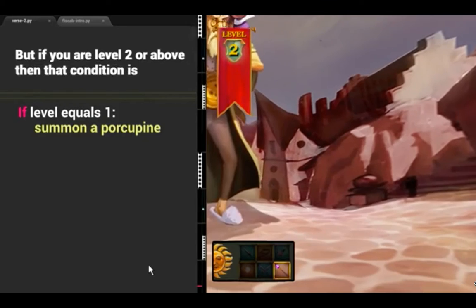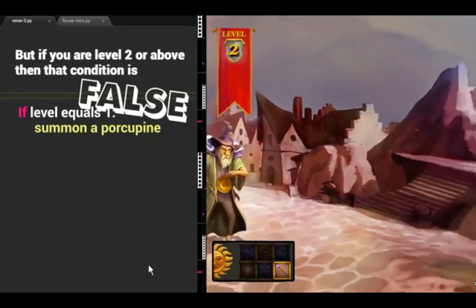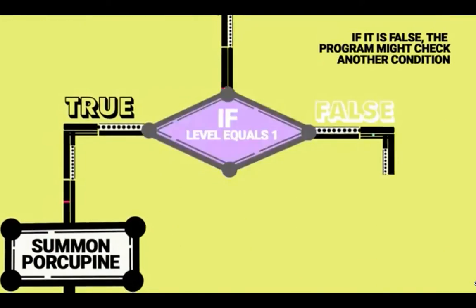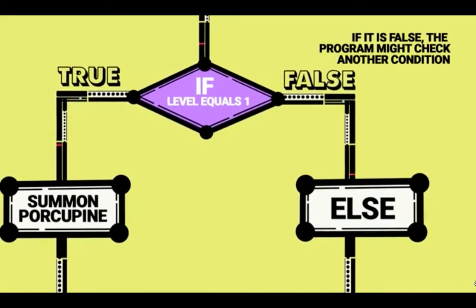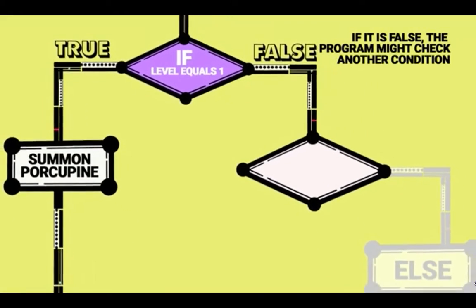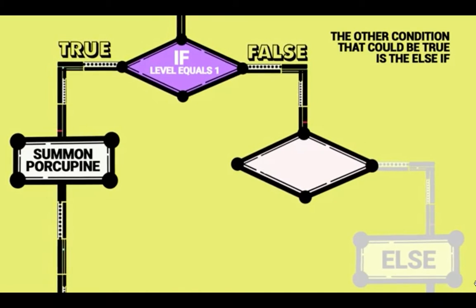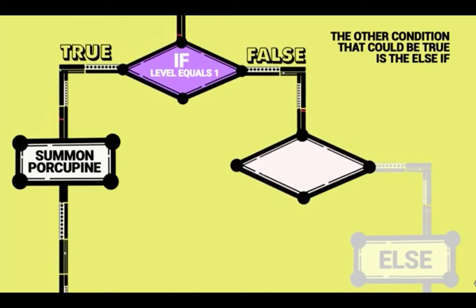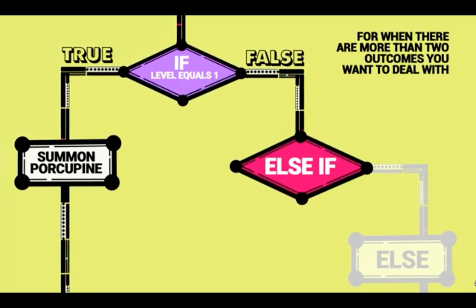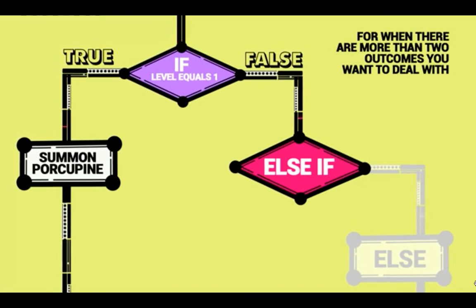But if you are level 2 or above, then that condition is false. If it is false, the program might check another condition before it moves on to the else on this mission. The other condition that could be true is the else if, for when there are more than 2 outcomes you want to deal with.